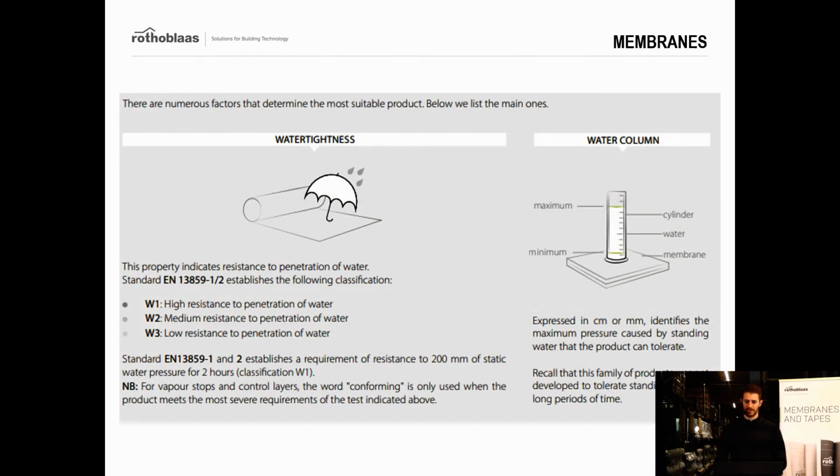Now, to keep the level of attention higher, we are going to show you a very short video about the water column, so that you can see the resistance to the water passage that a membrane can offer.